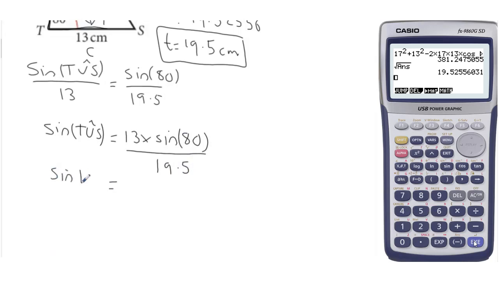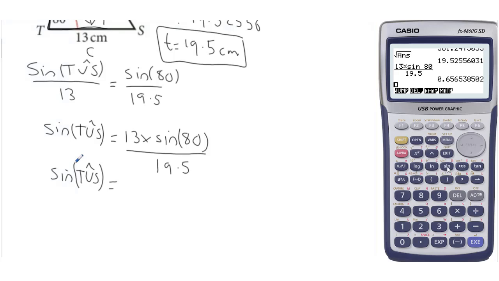So sine TUS is going to equal 13 times sine 80 over 19.5. That gives you an answer of 0.6565.